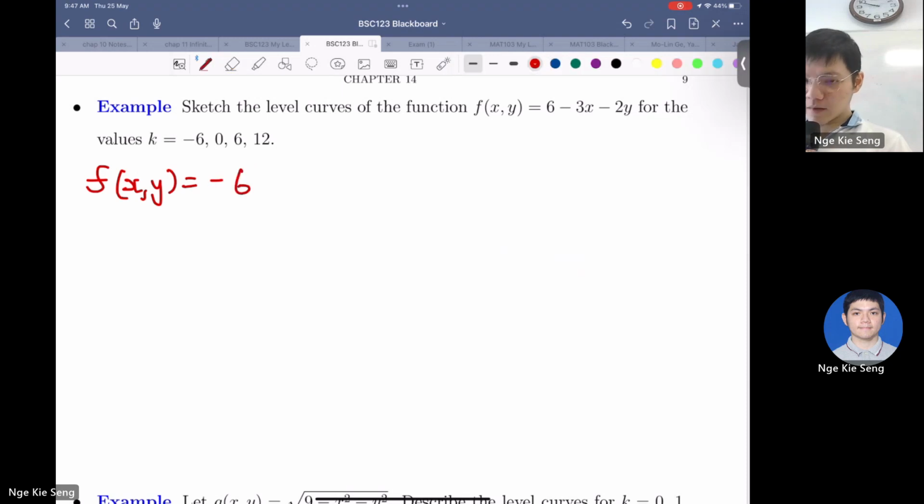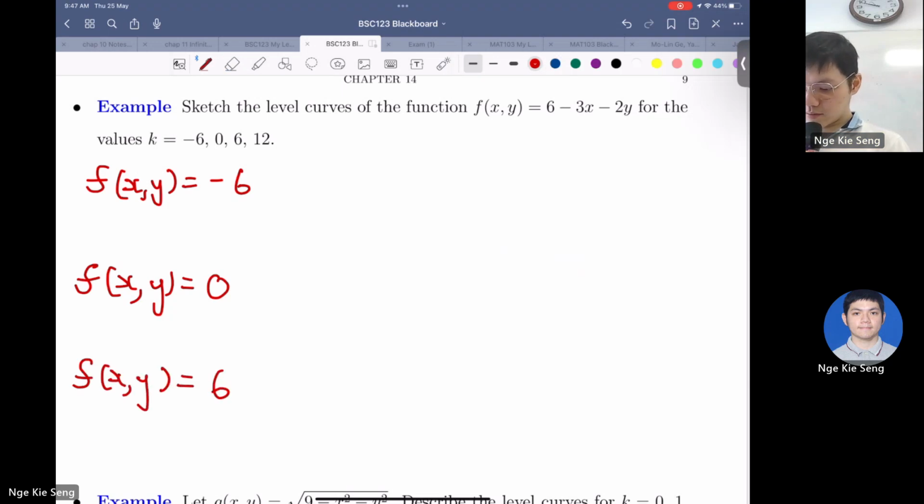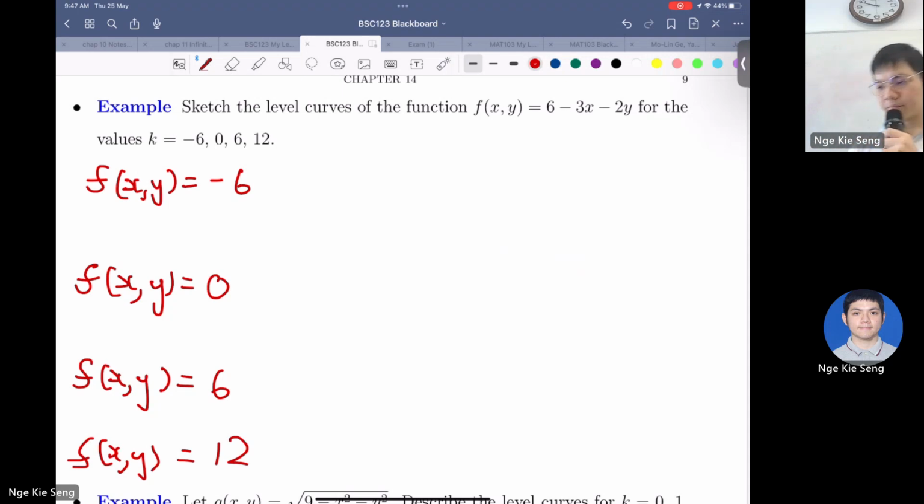Okay, so try and do this computation here. So what do you get?